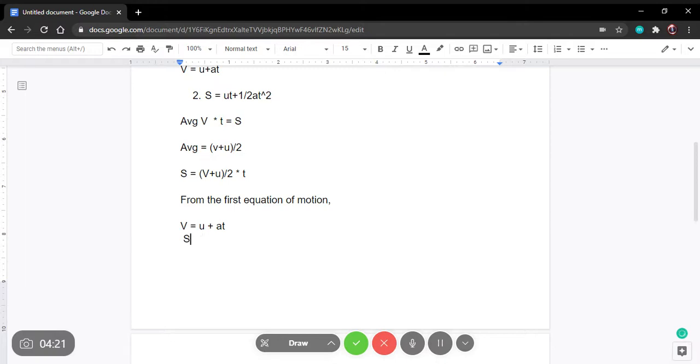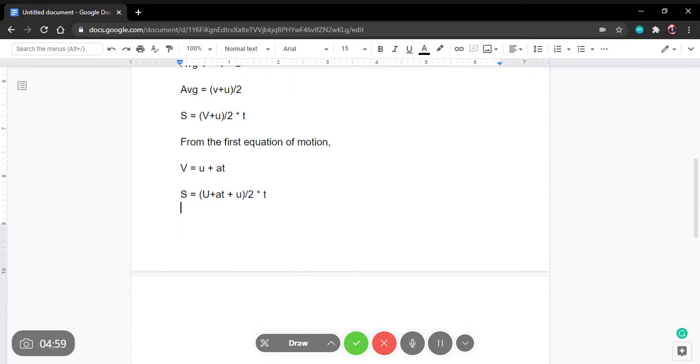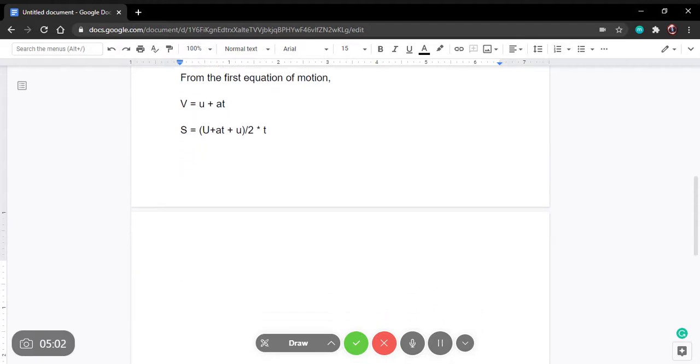Therefore, s is equal to u plus at plus u by 2 into time. So we replace v with u plus at, and we have u over here also.